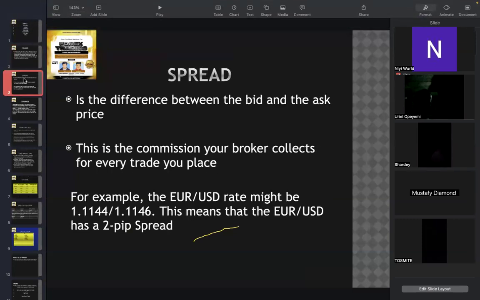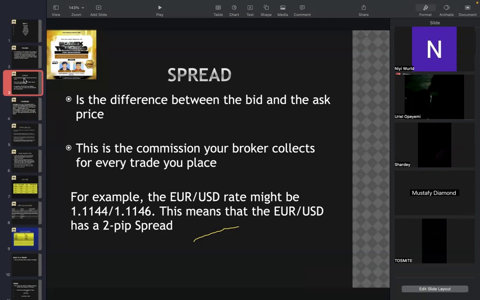The spread is the difference between the bid and the ask price. I don't know if a lot of you have a demo account or not, but when you enter a trade, the particular place where you enter won't be the place where you start being in profit.